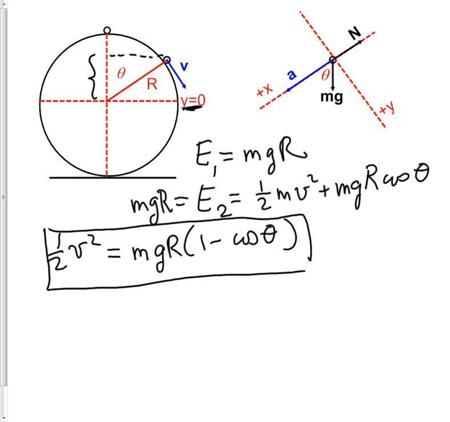So we end up with one equation with two unknowns, theta, which is the thing we're looking for, and the velocity, which we don't know.